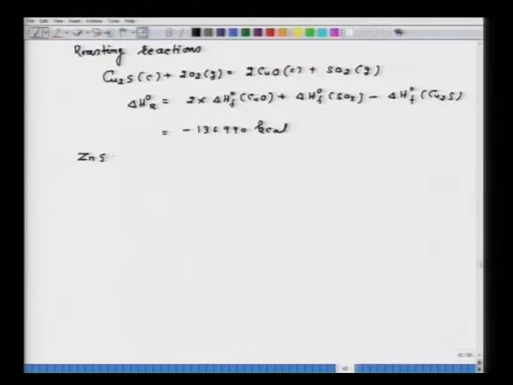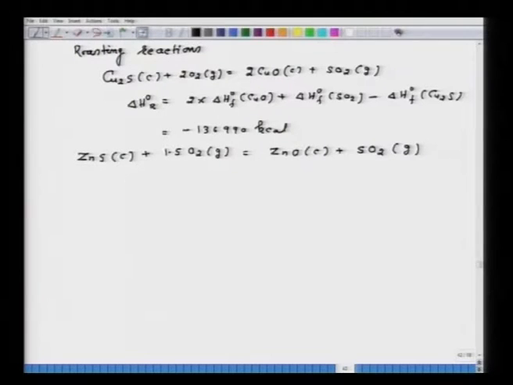Let us take another reaction, say roasting of zinc sulphide. Zinc sulphide in the condensed phase plus 1.5 O2 in the gaseous phase gives ZnO in the condensed phase plus SO2 again in the gaseous phase.